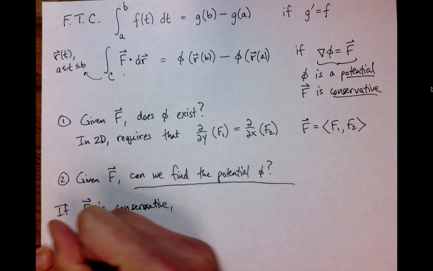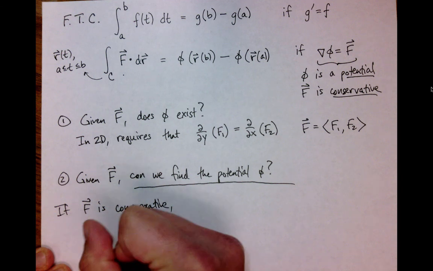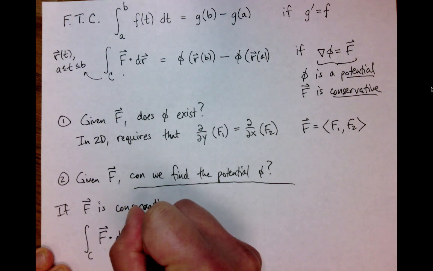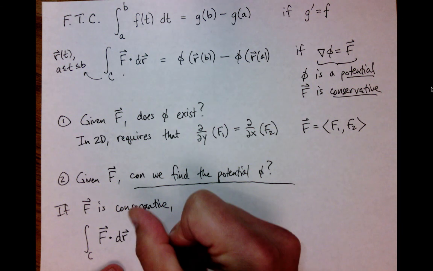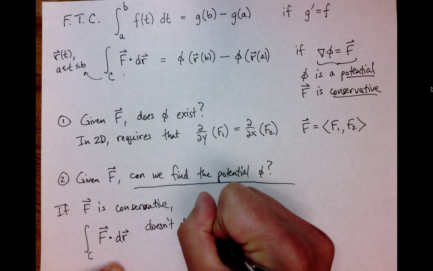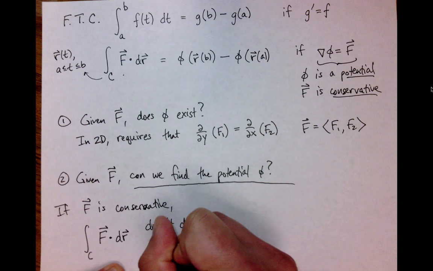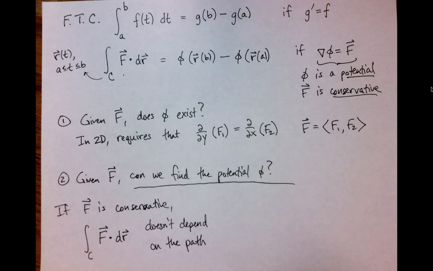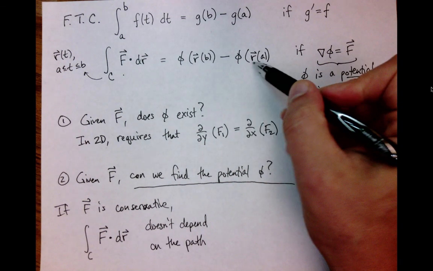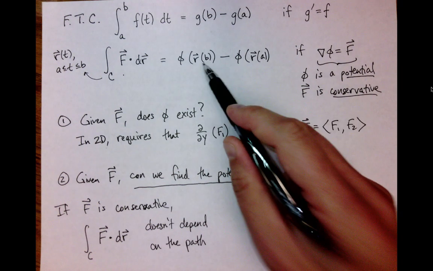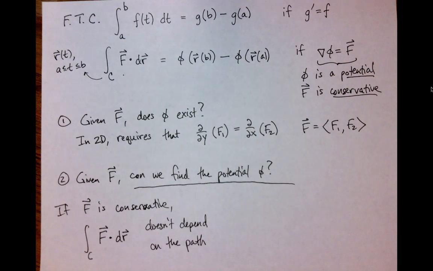So first of all, that line integral, the value doesn't depend on the path, because it only depends on the two endpoints, right? So no matter what the path is between these two points, you're going to get the same result.